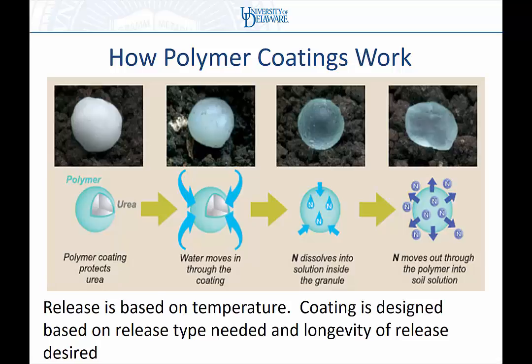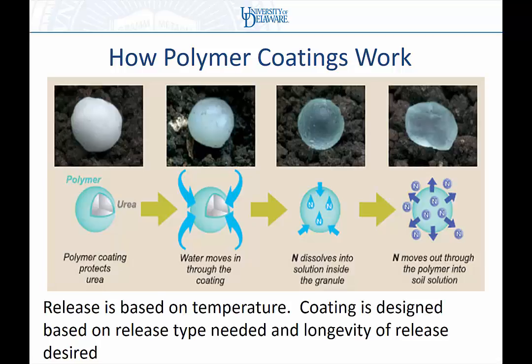What the companies have done is they've developed the formulations that they use to produce the coating to give different release patterns. So the additives, the thickness of the coating, the additives they put into the coating material, and the size of the granule or prill that they start with, those all determine the release pattern.